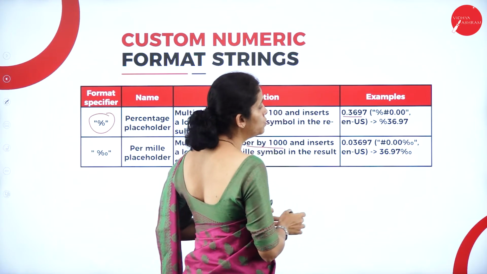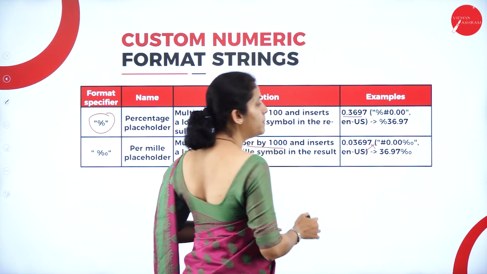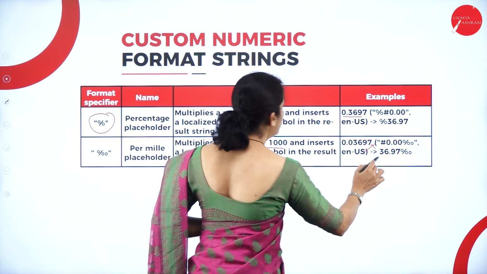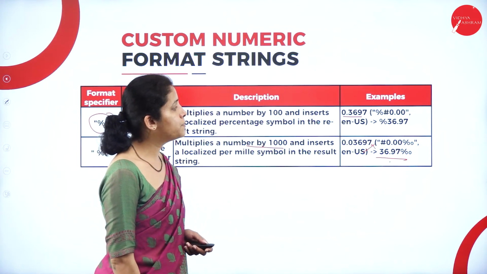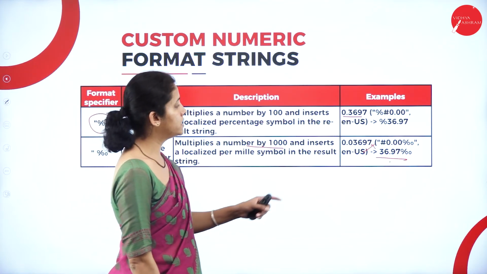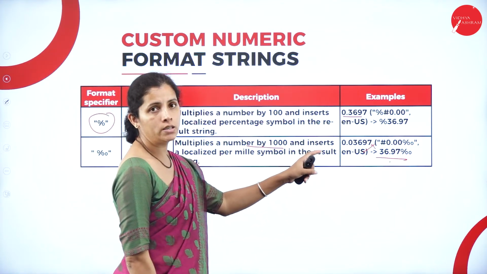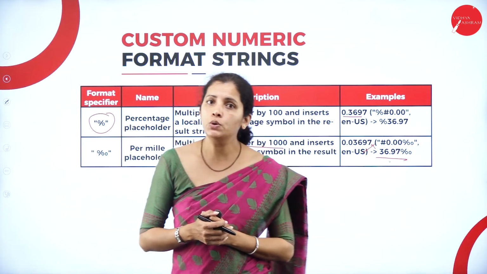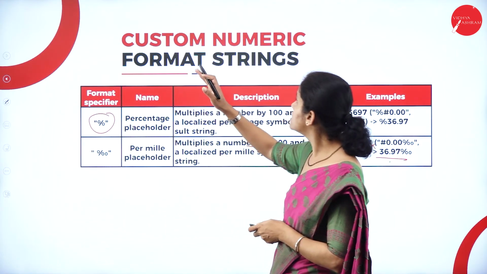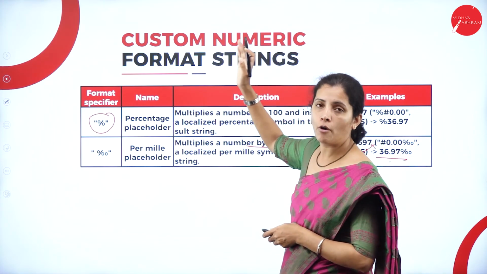So what I want to do is multiply this number by 1000. So I'll get the per mille placeholder result, that is 36.97. So it is nothing but the per mille placeholder. So these are some of the format specifiers mainly used to format custom numeric formats.